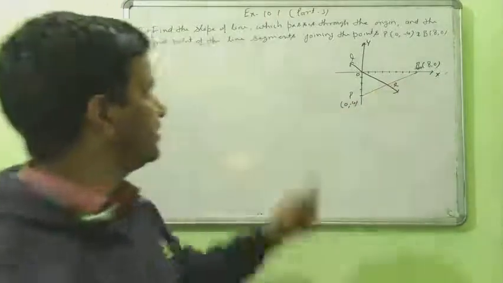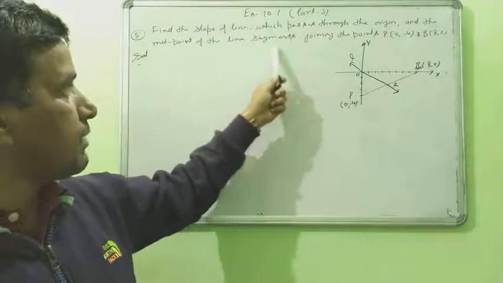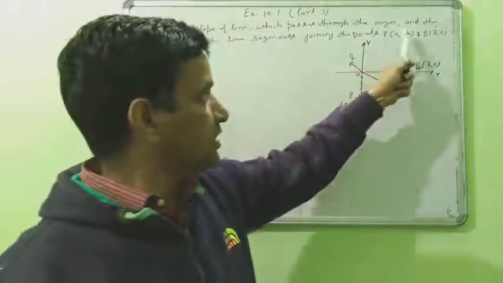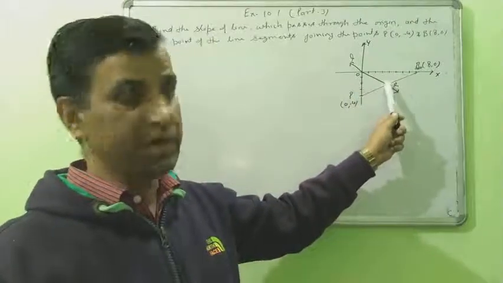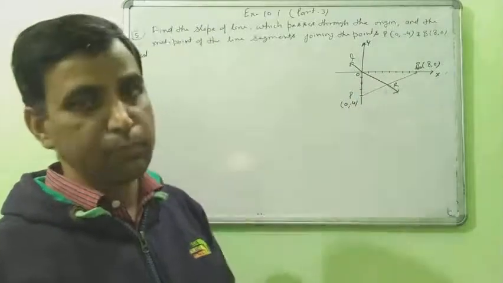R is the midpoint. This is given, so R is called your midpoint.